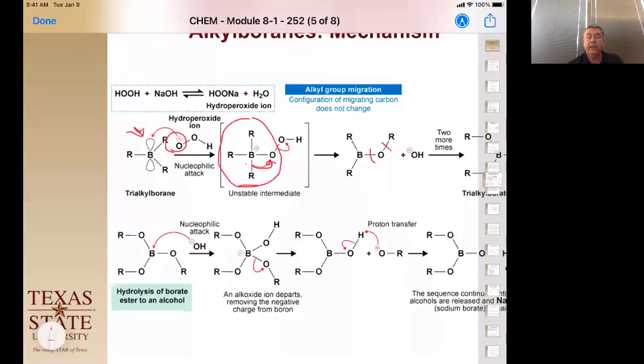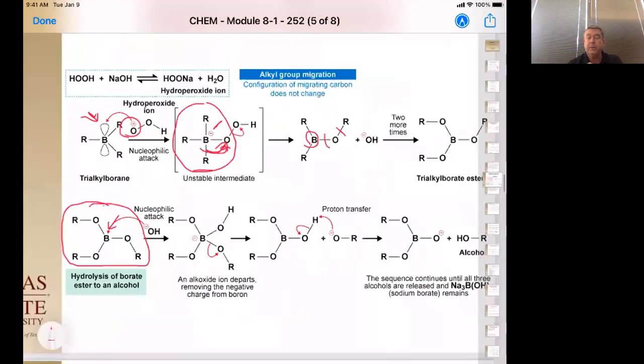So this is not very stable right here. We have the electrons from this carbon jump over here, losing the negative charge on the boron, getting back our neutral boron, and kicking out hydroxide. Okay, and it'll do this every single carbon-boron bond. Okay, so once you have all of the carbon-boron bonds switched over to carbon-oxygen bonds here, now we can have nucleophilic attack at the boron center and start displacing those as alcohols or as deprotonated alcohols.